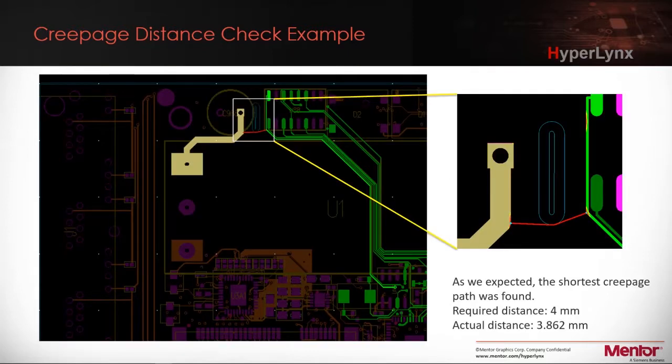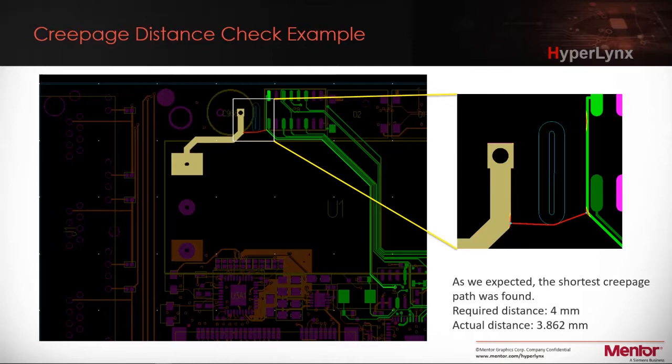Now let's show the view in HyperLynx DRC. This is what the checked result will look like. The red line indicates the shortest creepage path, which, as we expect, went along the cutout. The measured creepage distance was 3.862 millimeters, which is smaller than our requirement of 4 millimeters.